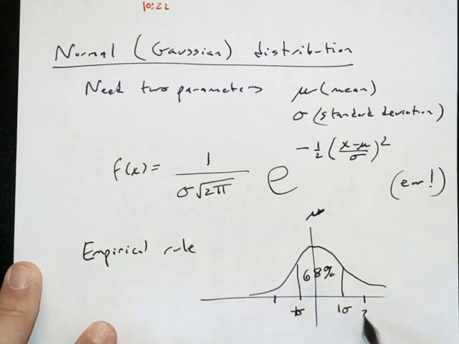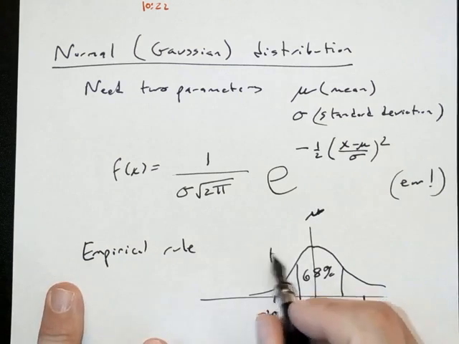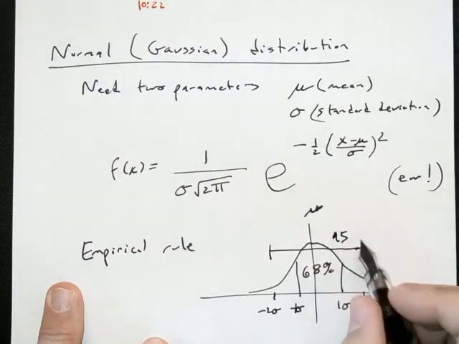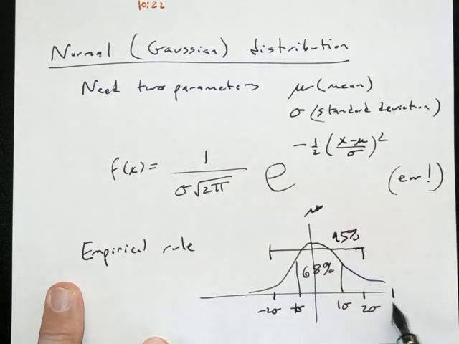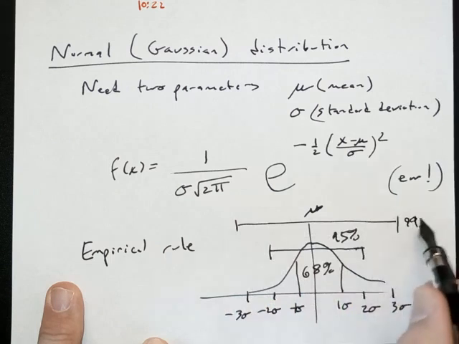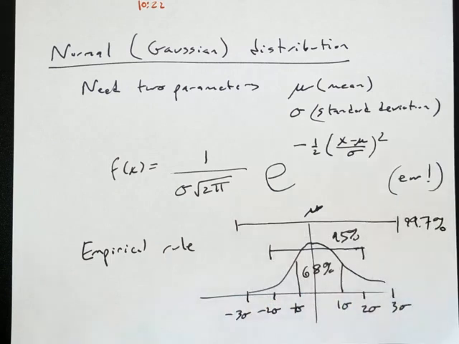If we went 2 standard deviations up or 2 standard deviations down, that was 95%. And if we went 3 standard deviations up or 3 standard deviations down, that was 99.7%. So that means way up here, above the 3rd standard deviation, there's a really, really, really tiny amount of area.